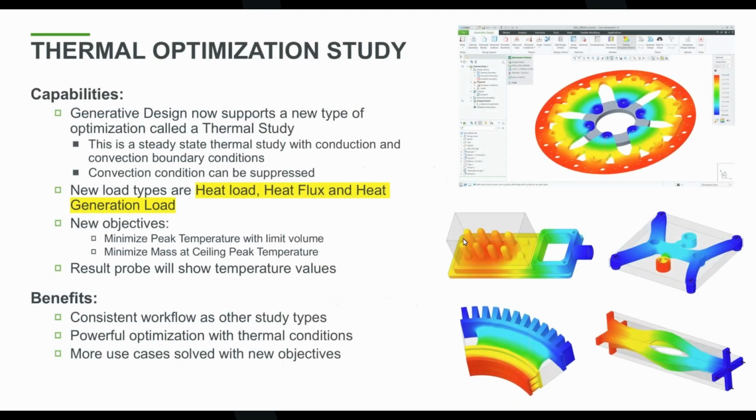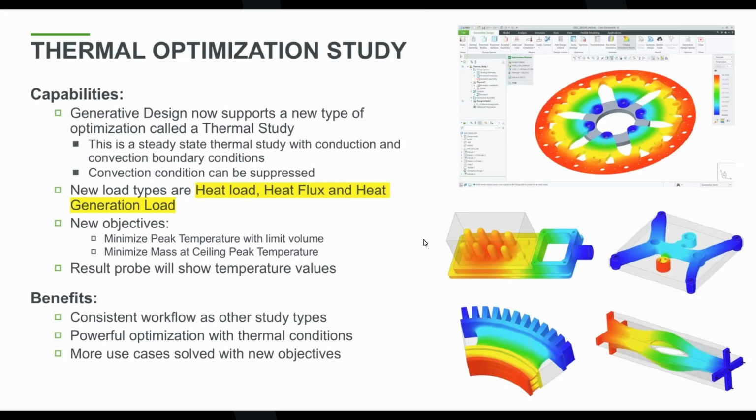All right, so the thermal optimization study. Generative design now supports a new type of optimization called thermal study. This is a steady state thermal study, and convection conditions can be suppressed. The new load types are heat load, heat flux, and heat generation load.